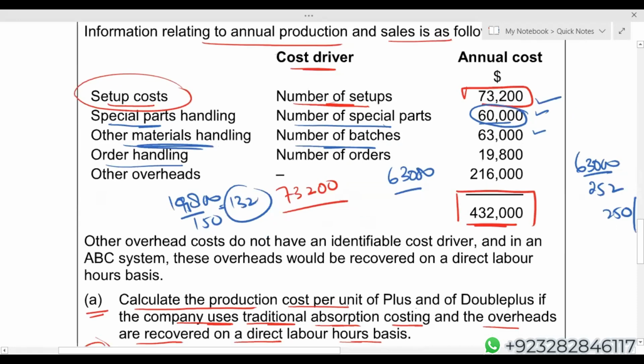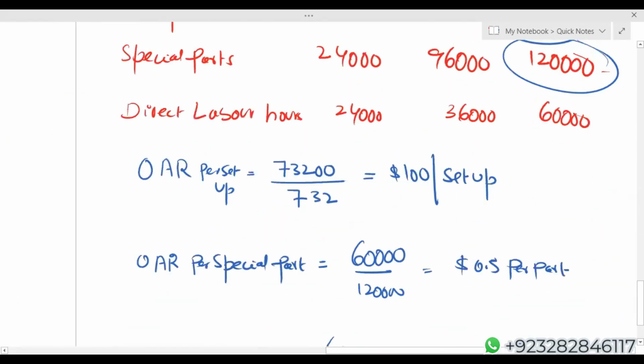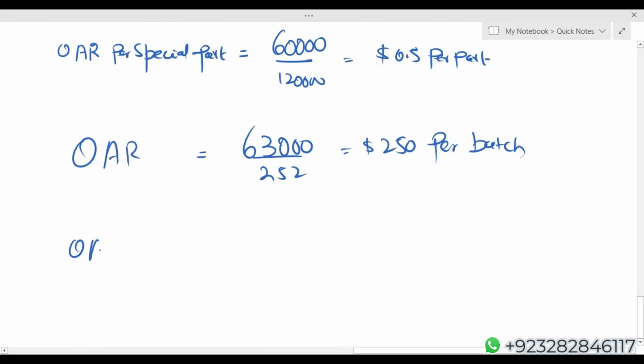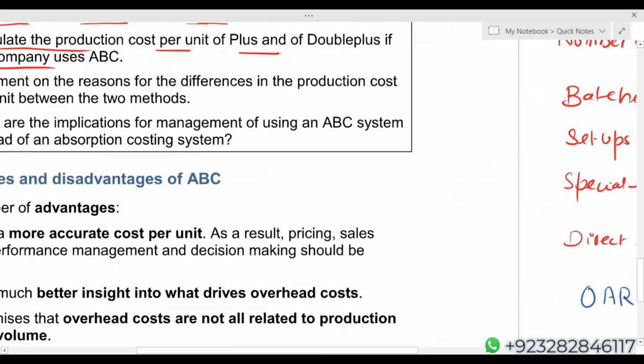So the overhead absorption rate per order is 19,800 divided by 150, which is $132 per order. Okay.